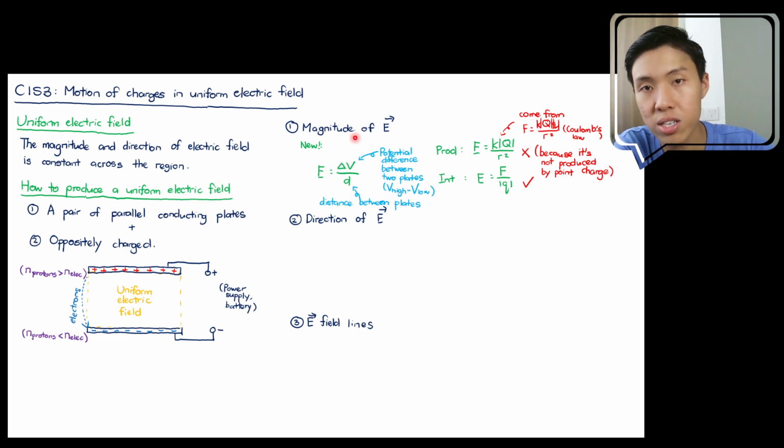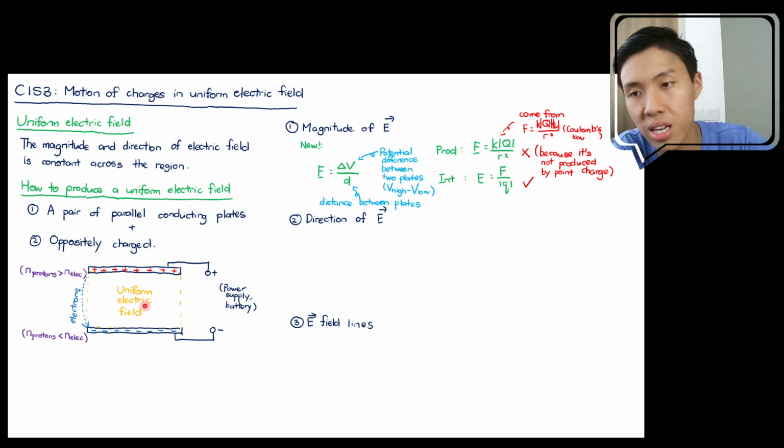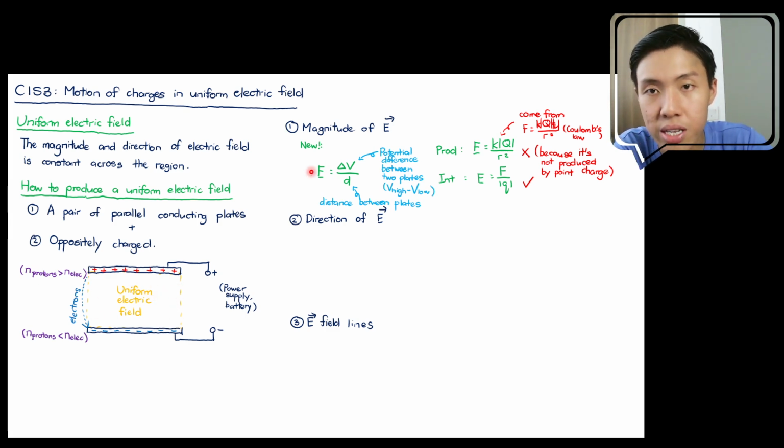Just want to let you know that even though this is the potential difference between the two plates, it can be used in situations where we don't talk about the two plates actually. You can use it because everywhere in this region the electric field is the same, it's constant.